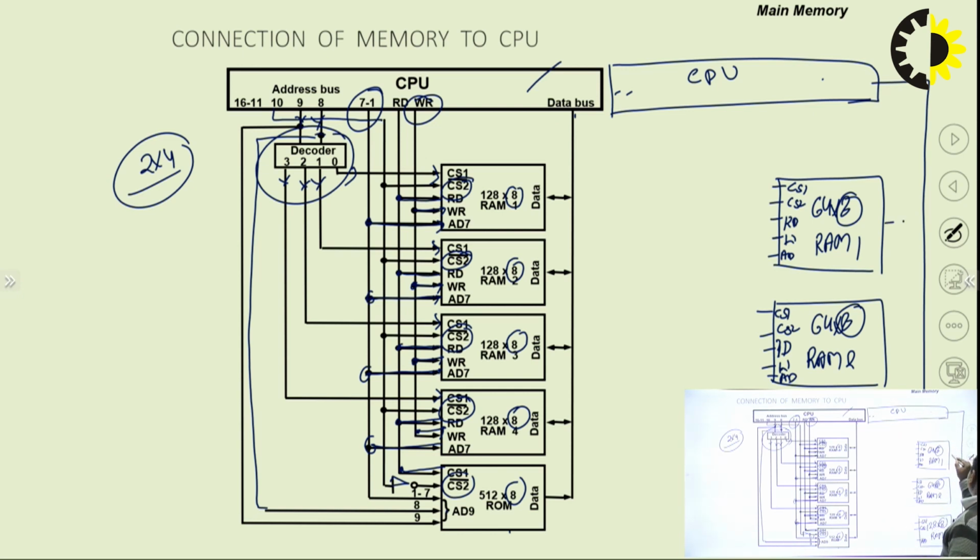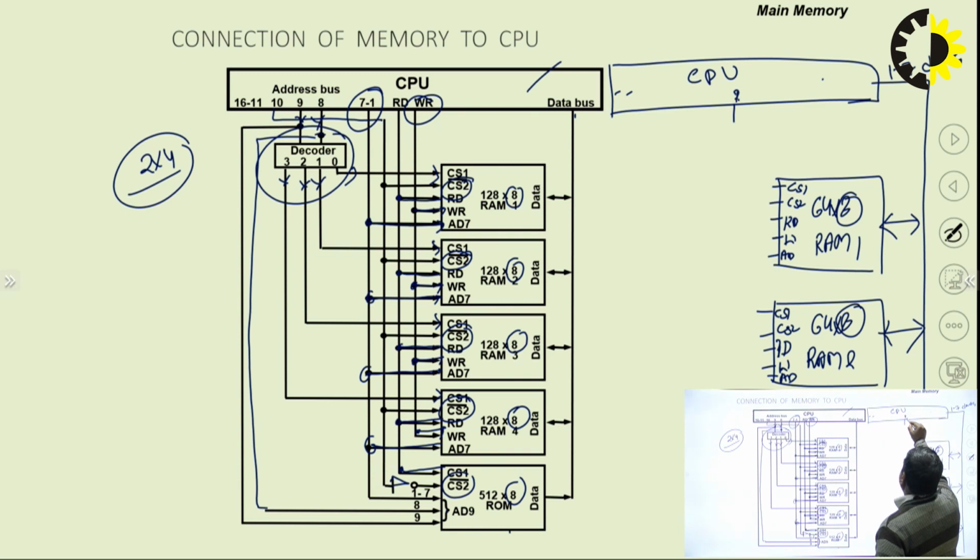It means the 8-bit data bus of the CPU is interconnected with each RAM and ROM. Now I am going to connect the read function of the CPU to the read function of the RAM, and the write function of the CPU connects with the write function of the ROM and RAM chips both.